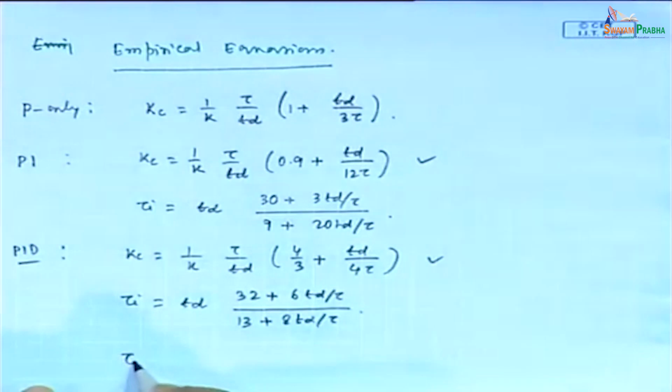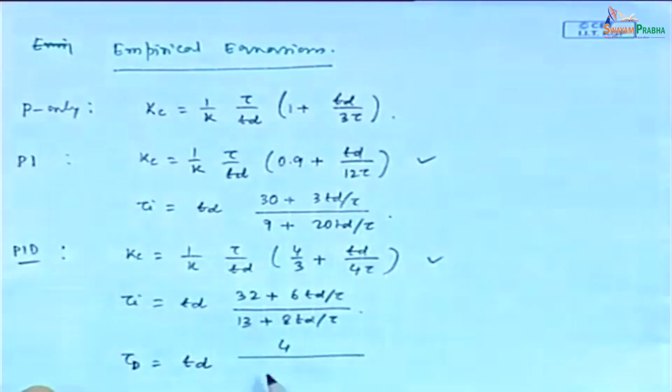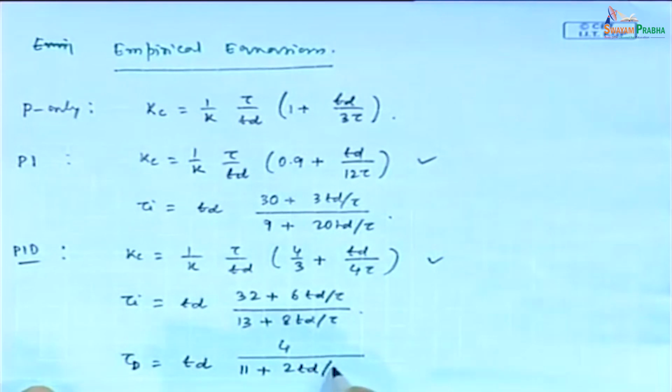And for tau d, they got tau d equals Td, 4 divided by 11 plus 2 Td divided by tau. These empirical correlations Cohen and Kuhn derived by introducing change in load variable.